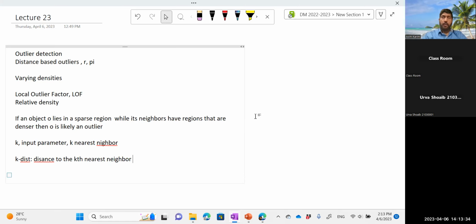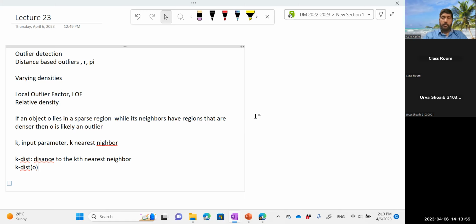So if I say K distance of an object O, this is going to be a number, and this number is the distance to the kth nearest neighbor of this object.